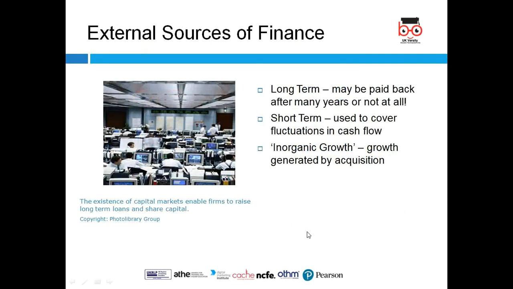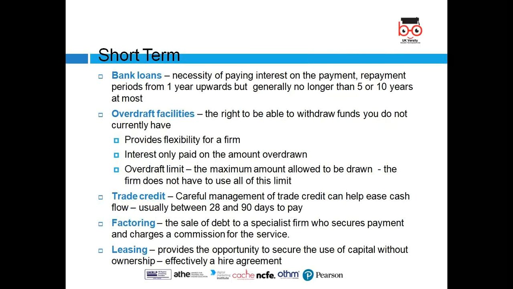So that's called internal. External source of finance, long term, is normally paid back after many years, or not at all. Short term is used to cover fluctuations in the cash flow. We also need to look at the growth generated by acquisition, if we are acquiring other companies. So, short-term loans, what are the sources?